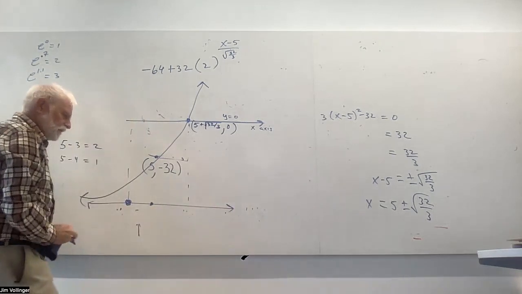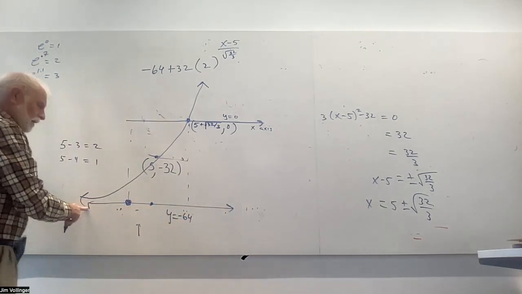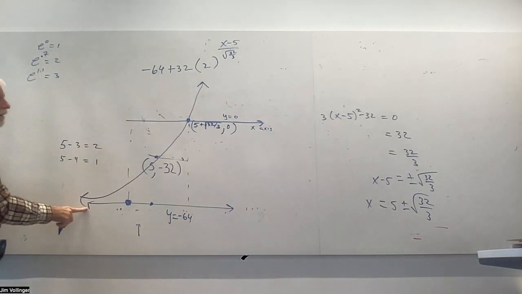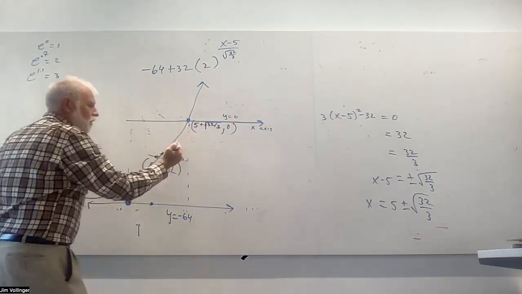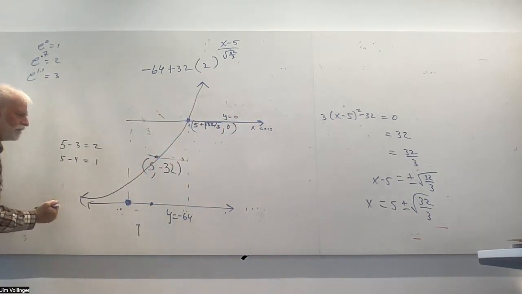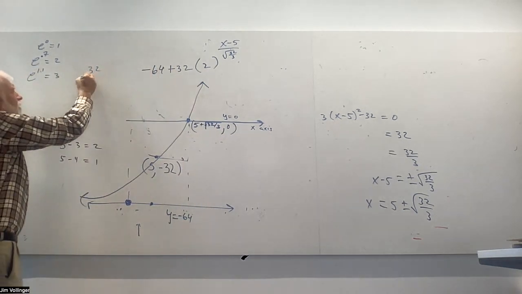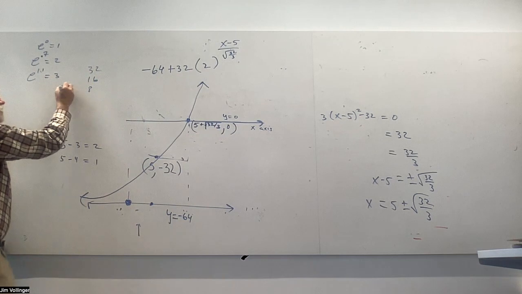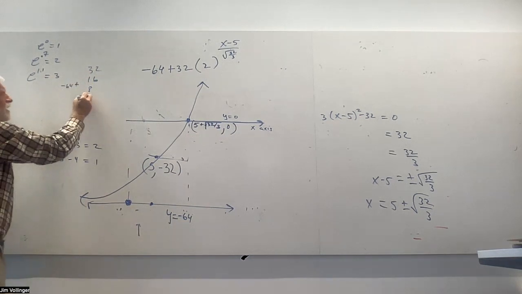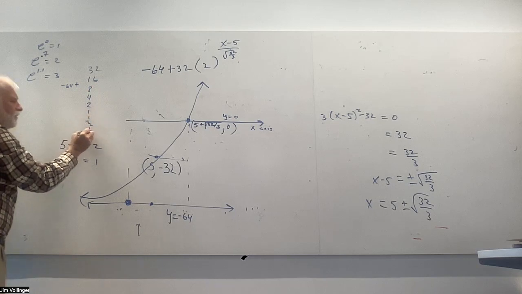All right, and so this height of minus 64 appears to be asymptotic behavior, because if we're doubling in this direction, then we're cutting in half in this direction. And if I keep cutting 32 in half, well, that's 16, that's 8. And if I've got negative 64 and I'm adding these numbers, and that's 4, and that's 2, and that's 1, and that's a half, and that's a fourth.